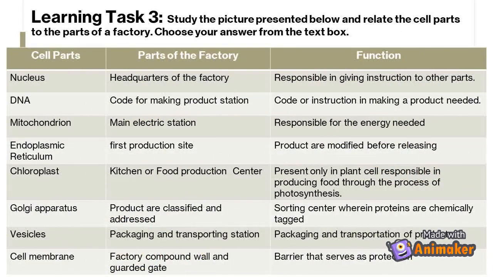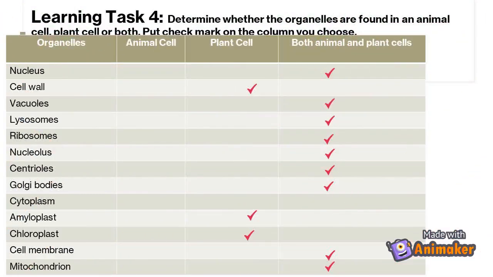Learning task 3. Study the picture presented below and relate the cell parts to the parts of a factory. Choose your answer from the text box. Learning task 4. Determine whether the organelles are found in an animal cell, plant cell or both.